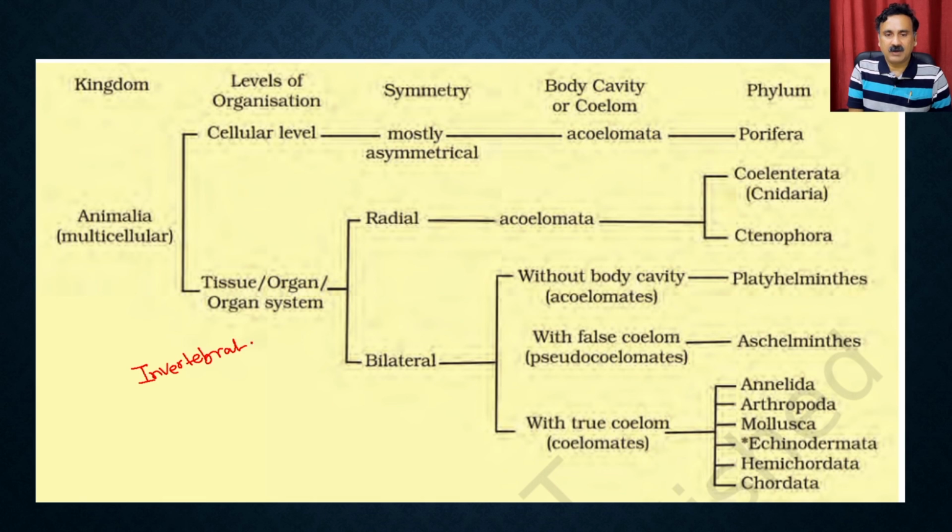We have discussed the different criteria to classify the animal kingdom, and then we have taken examples of animals belonging to the different phyla based on how they are classified using the different criteria. And with this, I would like to conclude my lecture here.